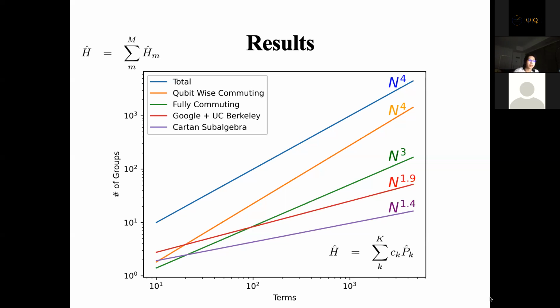And finally, our Cartan Subalgebra approach, which I should specify is acting on the Fermionic Algebra, has the scaling n to the 1.4. That is, as far as we know, the most efficient method in terms of number of groupings.